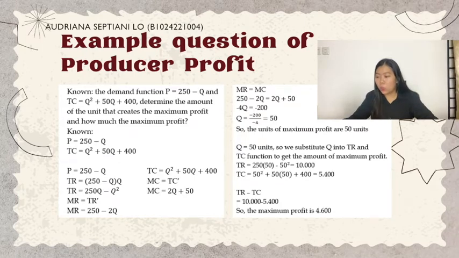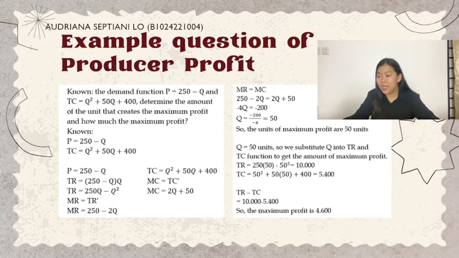P equal to 250 minus Q. So we can get the TR by multiplying the Q and the P. So TR equal to Q multiplied by open bracket 250 minus Q. And the result of TR is 250Q minus Q power 2. MR is the first derivative of TR. Therefore, MR is 250 minus 2Q.